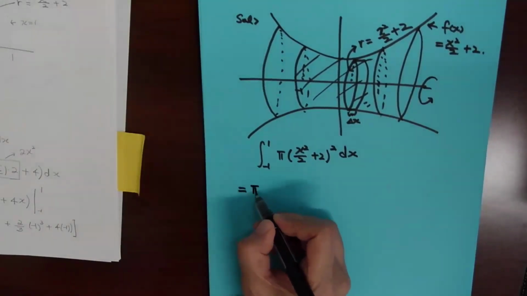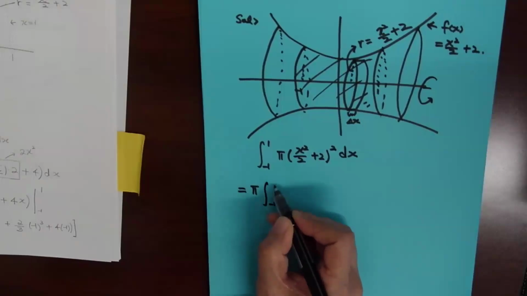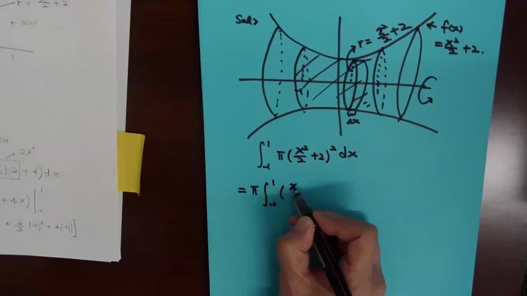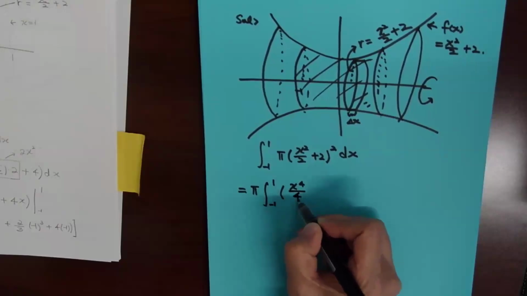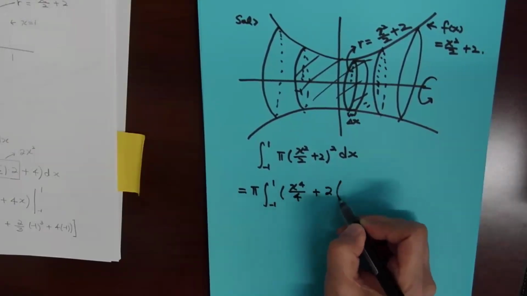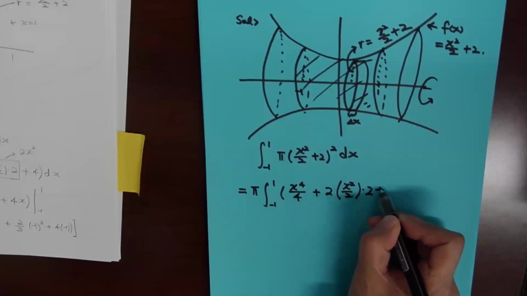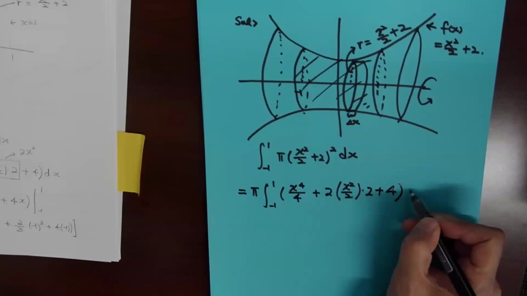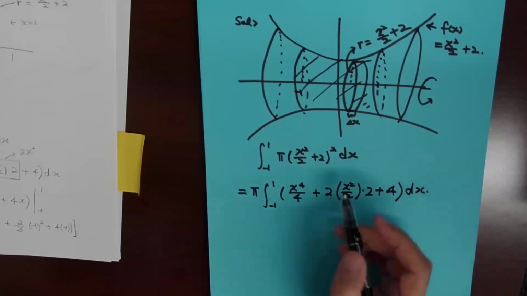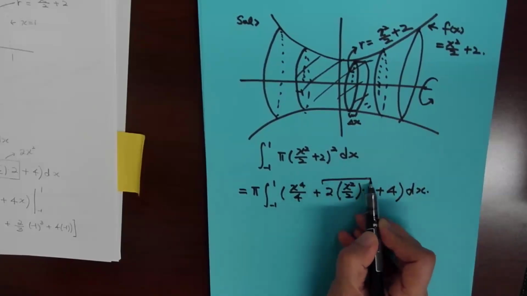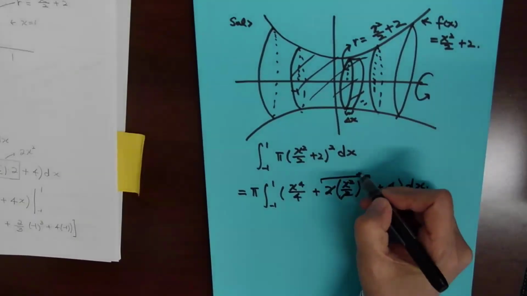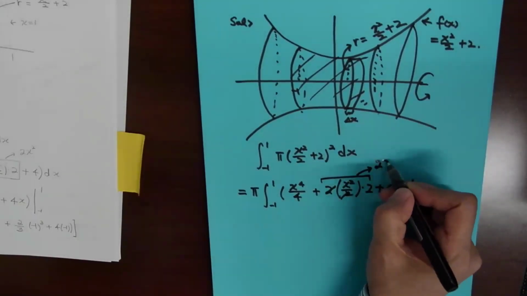So that can be written as pi times the integral from -1 to 1 of x to the fourth power over 4 plus 2 times x squared over 2 times 2 plus 4 dx. So what is this part? These two will cancel each other, and this one is 2x squared.